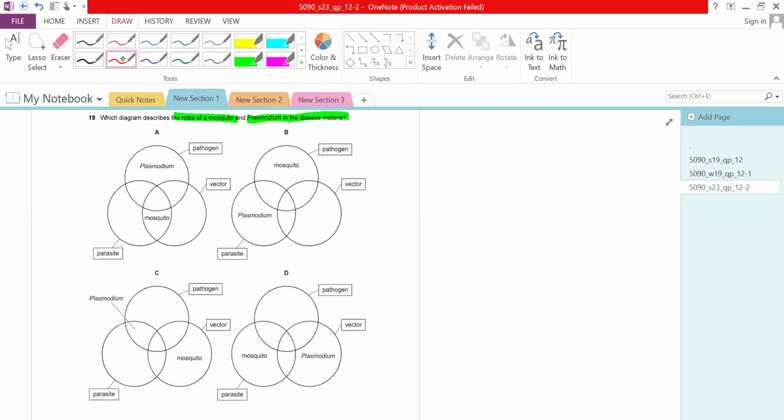Option C says that the pathogen isn't given, while the vector is mosquito, while plasmodium is the parasite as well as the pathogen. So option C is correct, while options D, B, and A are incorrect. Plasmodium is the pathogen as well as the parasite. However, the vector is only the mosquito.